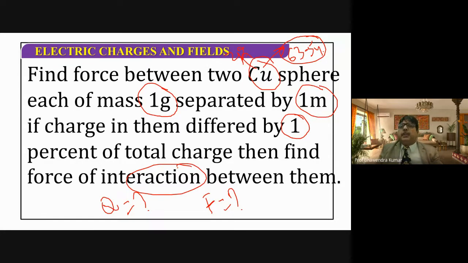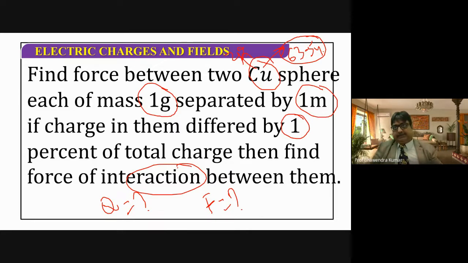Means one will be positive, the other will be negative. That is only then the force will be there. If there are two spheres and both of them are neutral, how will they apply force on each other? Positive also, but here it is a 1% difference. Means if one is 1% more, the other is 1% less.